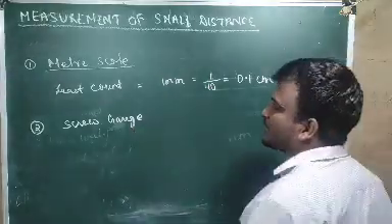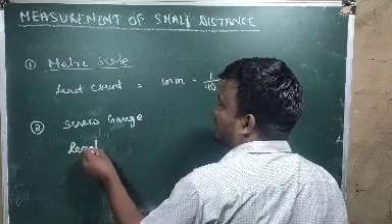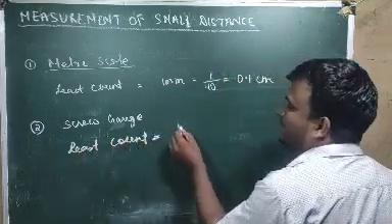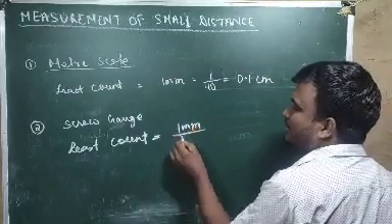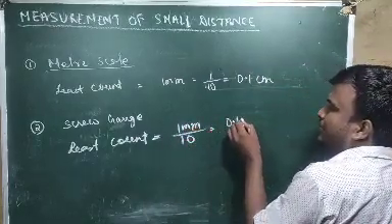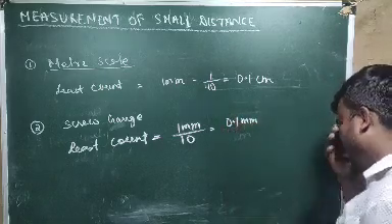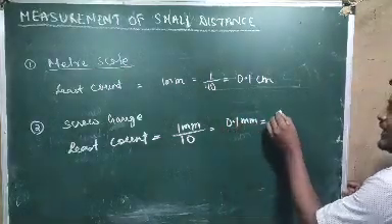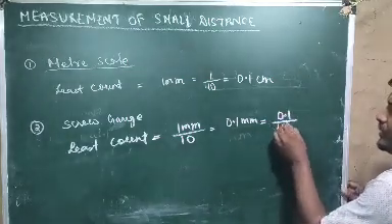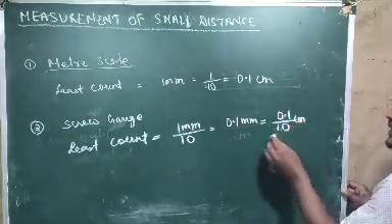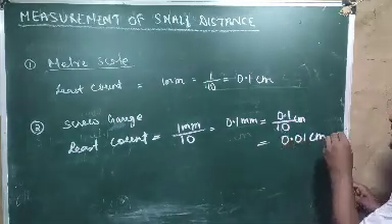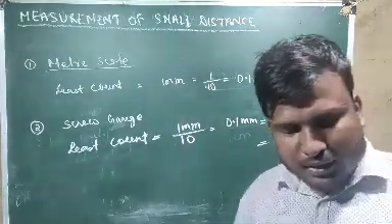So what is the least count of a screw gauge? 1 millimeter is divided into 10 parts, that means 0.1 mm. If you convert 0.1 mm into centimeter, you divide by 10, so the result is 0.01 centimeter. This is the least count of the screw gauge.